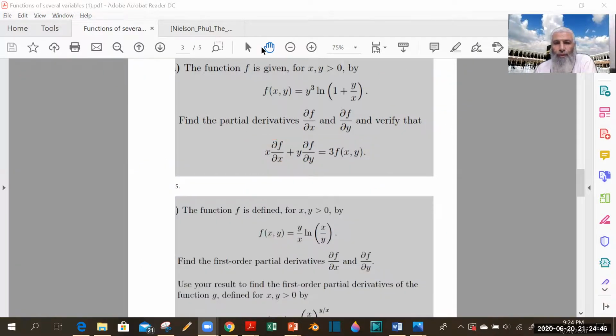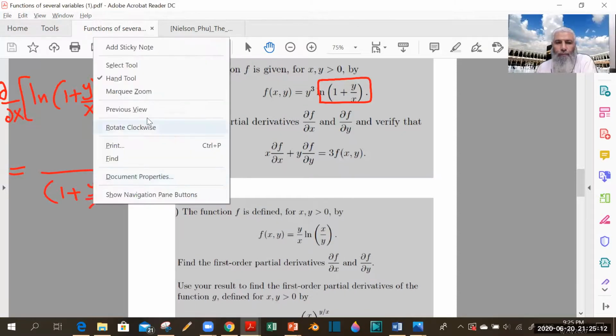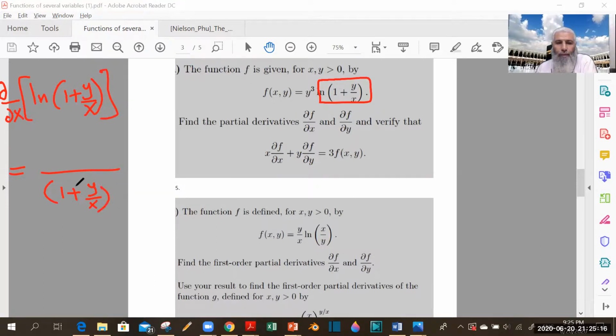So the trick here in this part, ln(1 + y/x): if I need the derivative of this, d with respect to x of this, with respect to x, it is 1 over the bracket, multiplied by the derivative of the bracket.